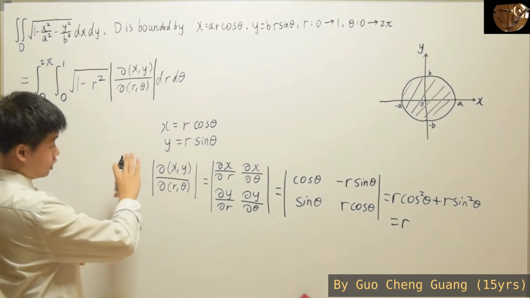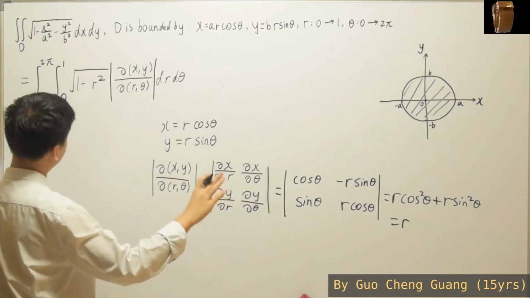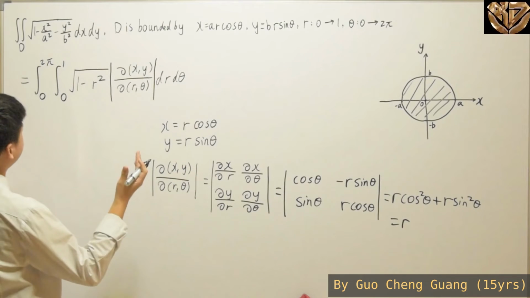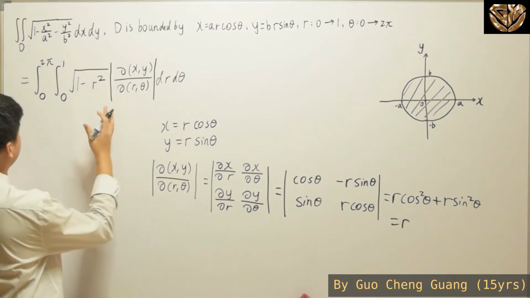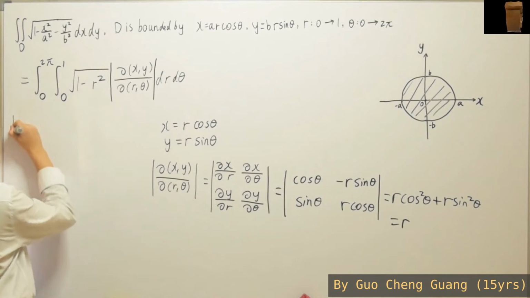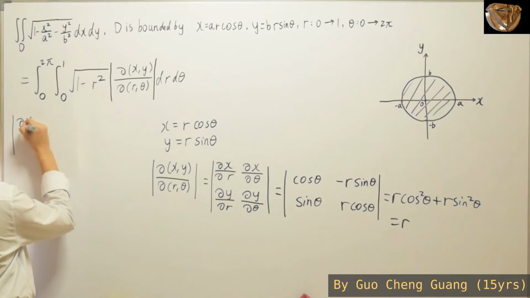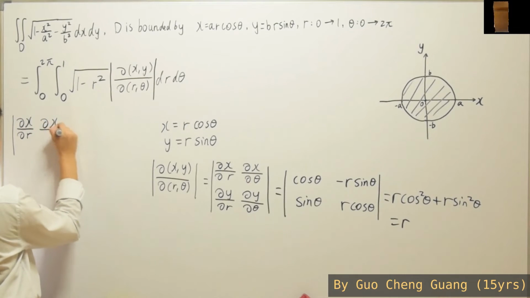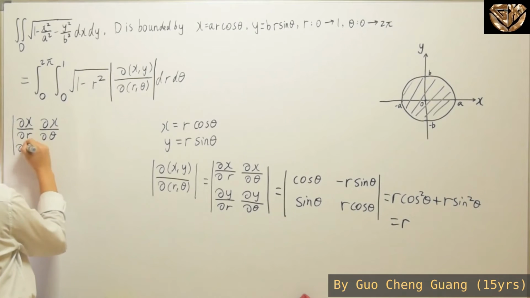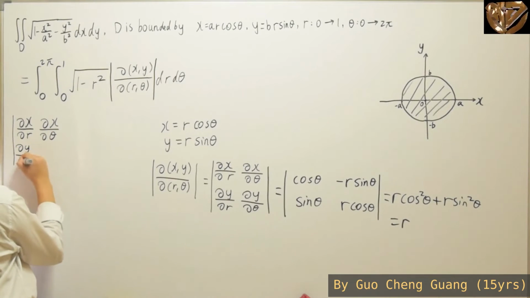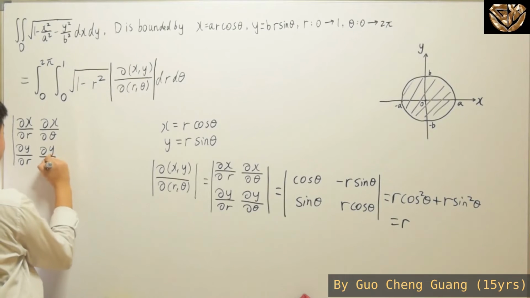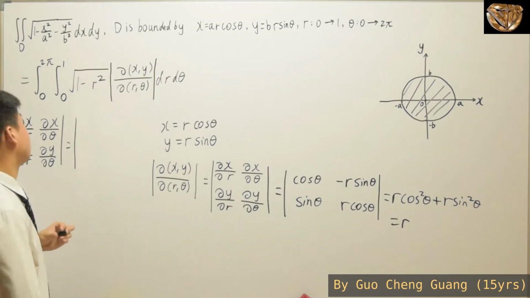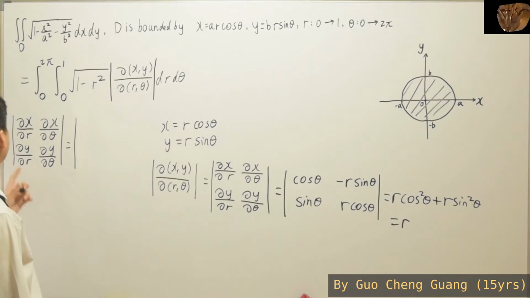Alright, I hope that for this normal polar coordinates part you're clear of it. Once you're clear of that, it is much easier to understand how to get this Jacobian determinant. So still, it is partial x, partial r, then partial x, partial theta, partial y, partial r, partial y, partial theta. So here you have your determinant.